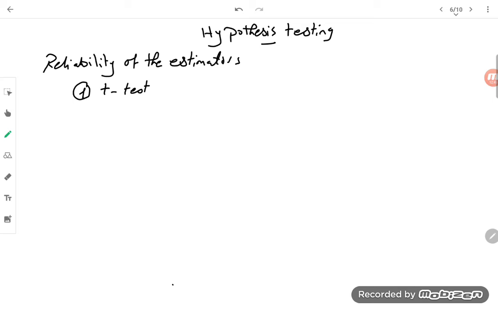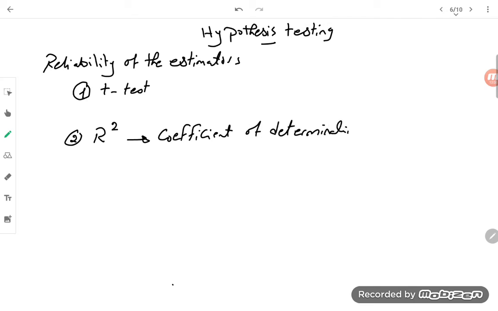Number two, r-squared, or known as coefficient of determination. And number three, f-ratio.